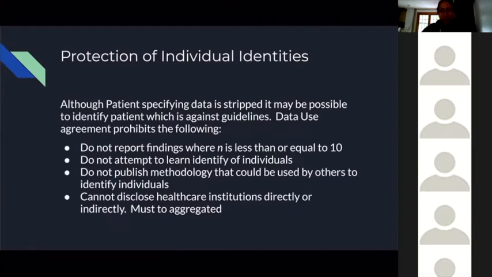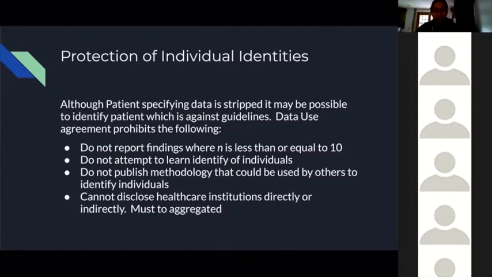Okay, now going on to protection of individual identities. Although the database is stripping away all the specifying data of a patient, it is still possible to retroactively or reverse engineer who that patient roughly is if there are certain key delimiters, such as very rare diseases, that would allow you to identify who that patient would be.